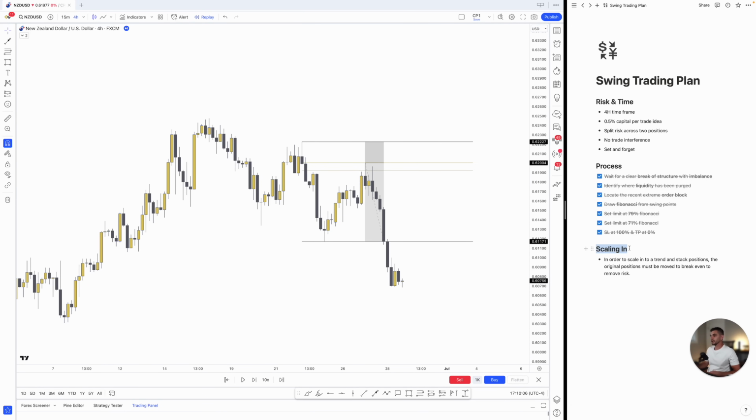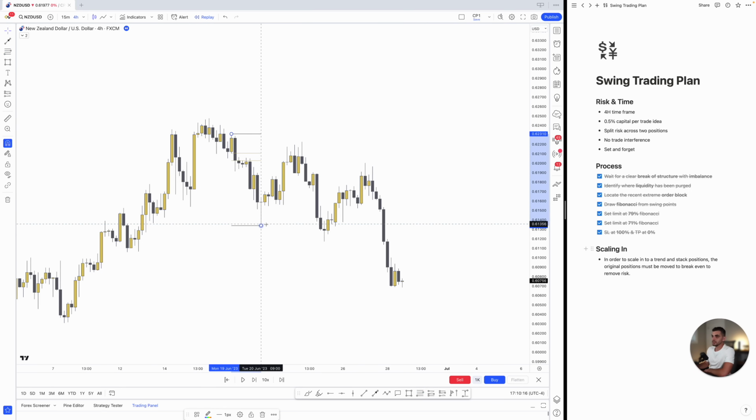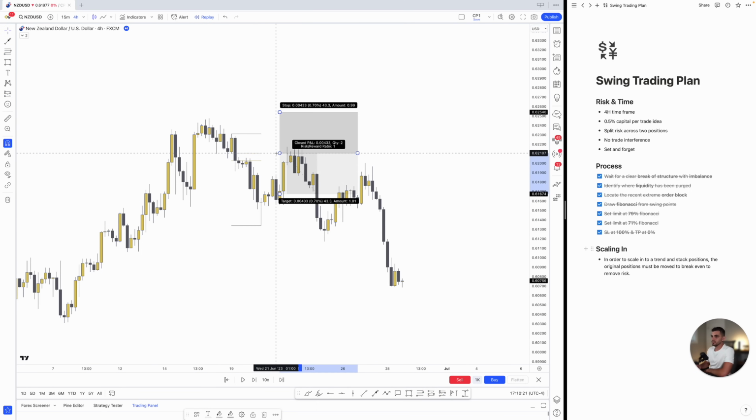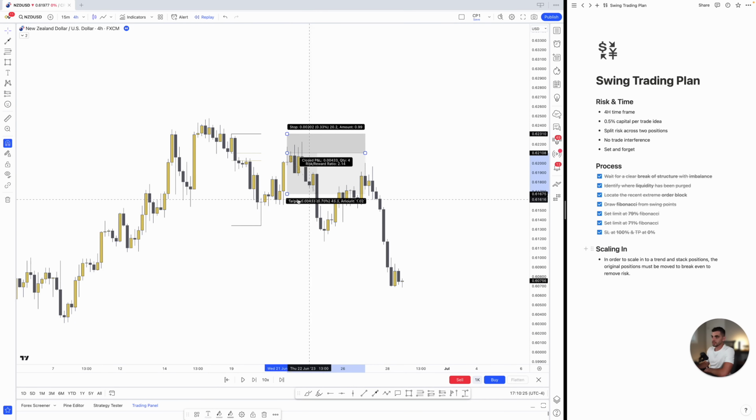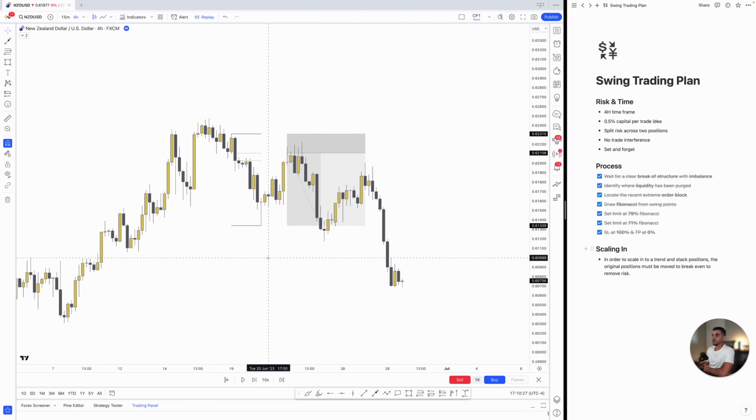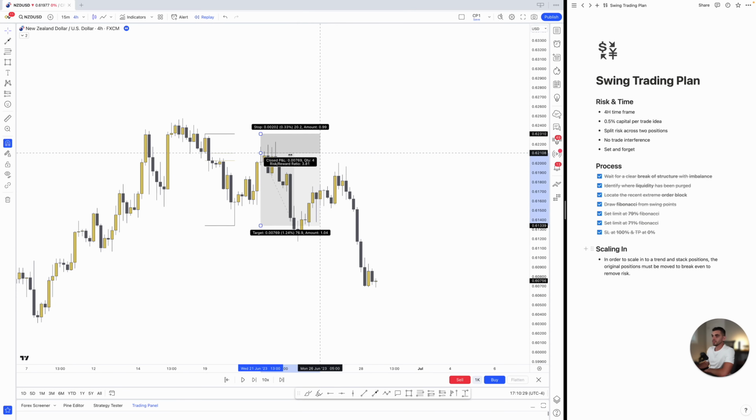I have one section at the bottom here called scaling in. Now what that means basically is scaling into trades. Let's say that this was my initial position and I was involved in it, which I was, but I was still, let's just say I was still holding it past this low for whatever reason, right?